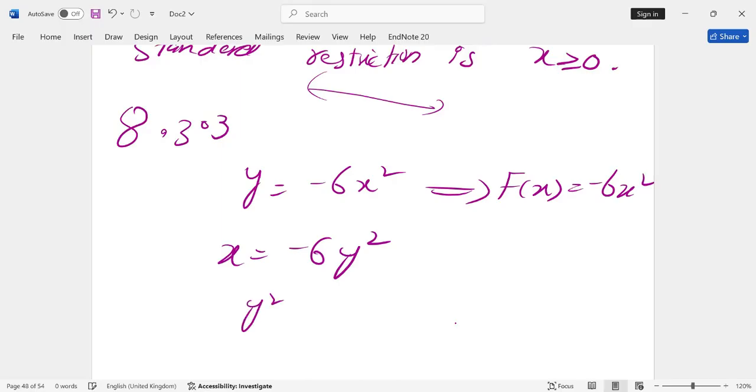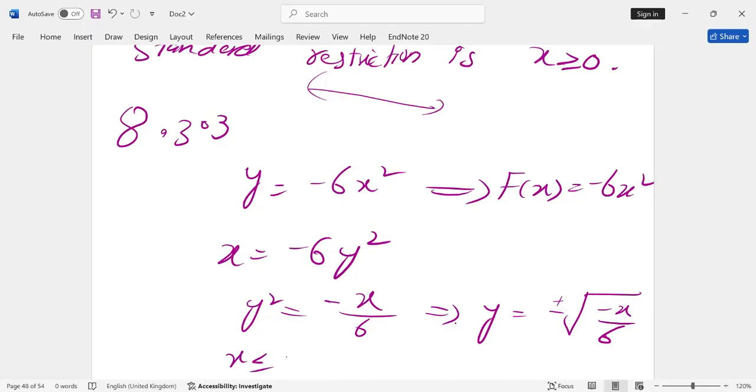So we have y squared equals x by minus 6. Okay, now we're taking the square root on both sides. We get y equals plus or minus square root of minus x by 6. So we need to state the domain of f inverse, which is the range of f, since f of x equals minus 6x squared with x less than or equal to 0.